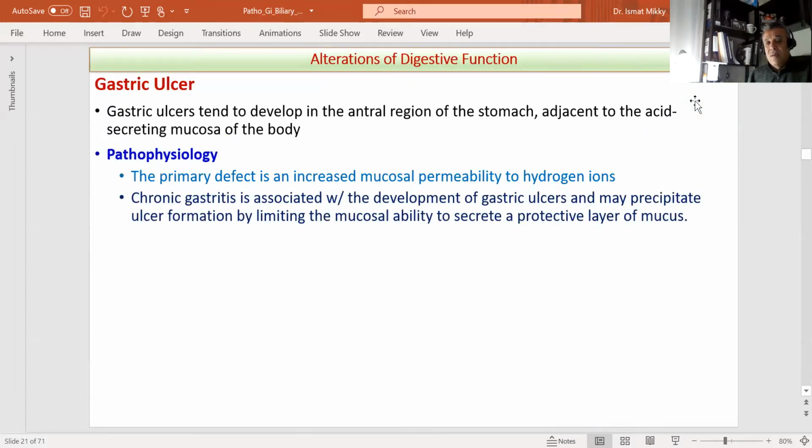Gastric cancer. The pathophysiology of the gastric cancer: the primary defect is an increased mucosal permeability to hydrogen ions. Now, other factors would include the use of ulcerogenic drugs, which include medications such as the NSAIDs, the Aleve.